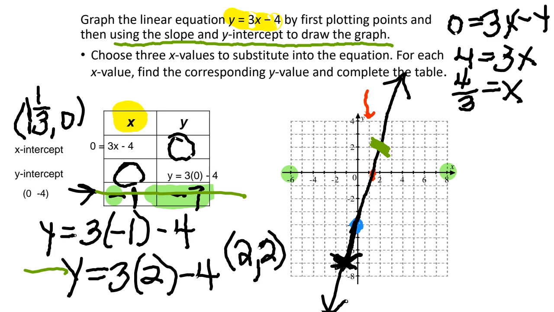It means that if I take the y-intercept, which is this blue dot, and notice what I'm going to do. I'm going to kind of erase this and leave my green, my red dot.